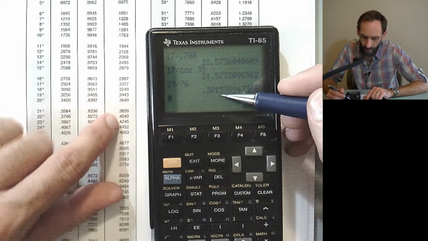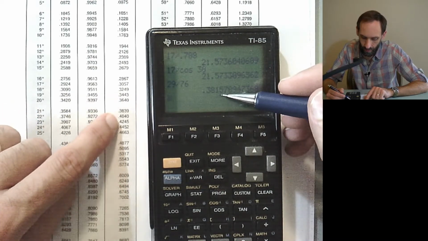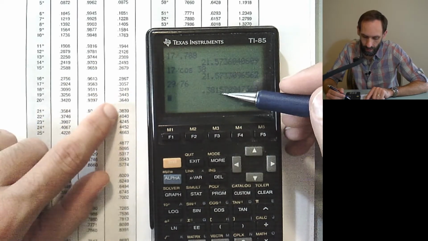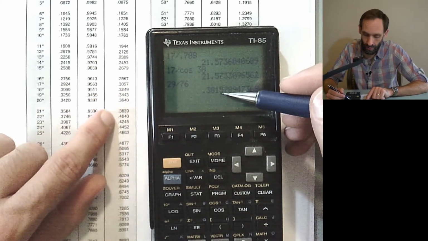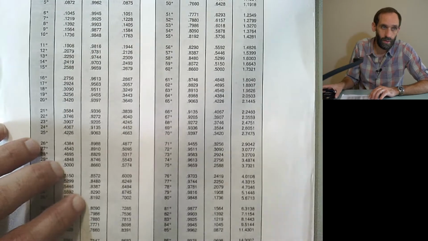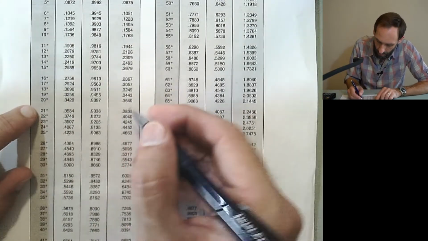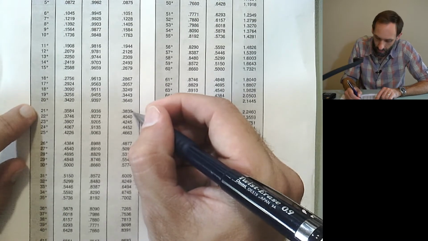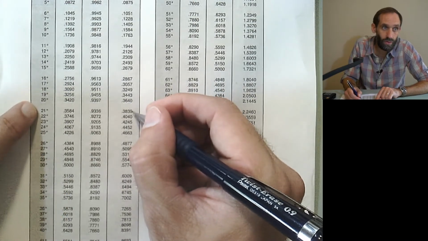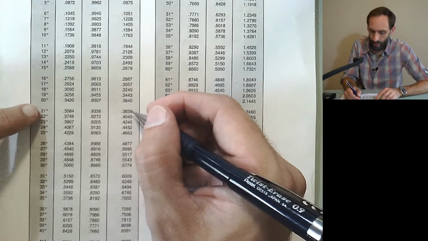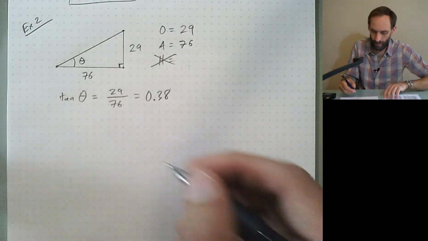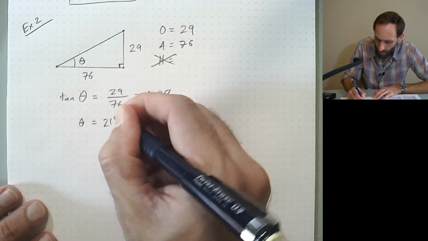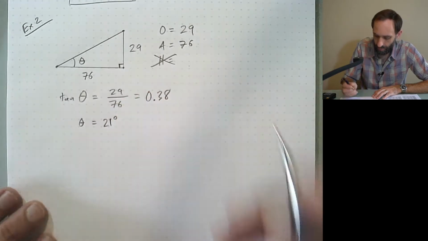But it's definitely closer than the one after it, the 0.40 and the 0.36. So this is the closest one to the ratio that I have. So I can say, okay, what angle measure corresponds with that tangent ratio? And we see right here the angle measure is 21. So that would indicate to us that theta is equal to 21 degrees.